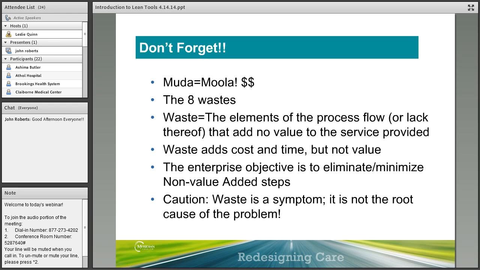When we're doing value stream mapping, again, we want to make sure that when we're looking at waste, which is MUDA, that really equates to dollars, and you'll be surprised when we look at things in value stream mapping. For instance, the wasted time of motion.